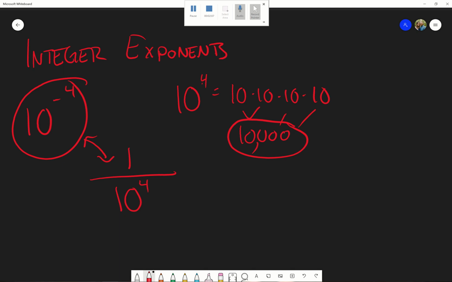So in this case, it would be 1 over 10 to the power of 4. And since we just found out 10 to the power of 4 is 10,000, this would equal 1 over 10,000, or 1 10,000th. Okay, so raising to that negative number gives us a fraction, 1 on top, and then the positive version on bottom, and then we solve that positive version, and that is our answer.